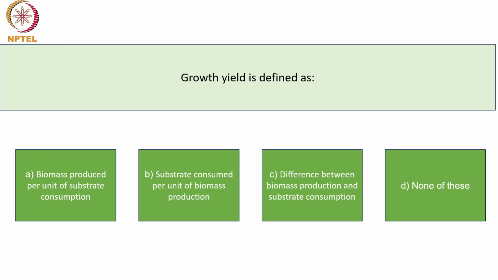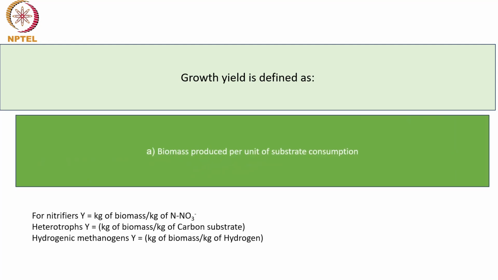And the substrate that is getting consumed will be your input. So always remember, in engineering, yield is defined as output divided by input. So here it is biomass produced per unit of substrate consumption. So the correct answer is option 1.